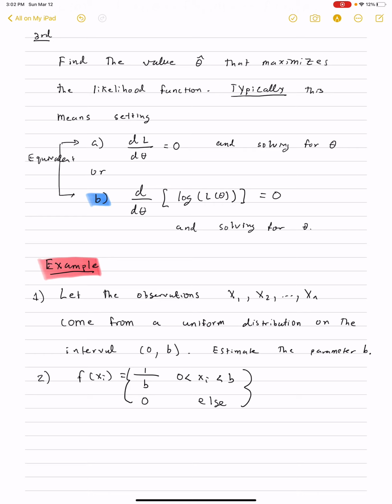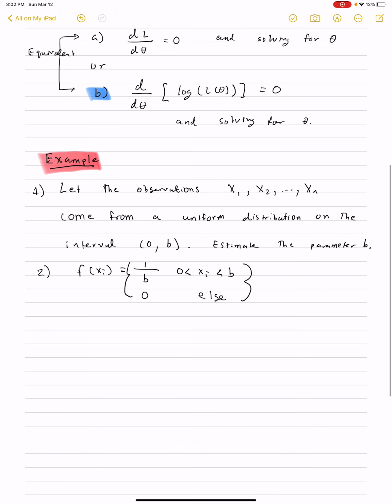Okay, so now we need to form the likelihood function. The likelihood function is of the unknown parameter b, and it's just the product of f of x1, f of x2, all the way up through f of x sub n.